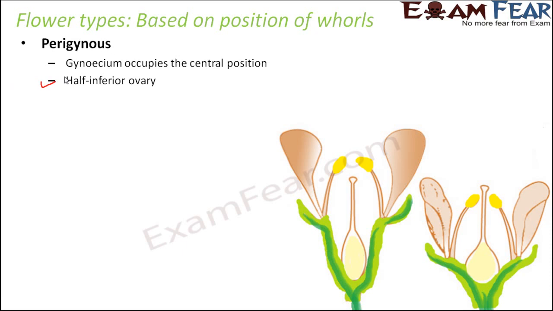So it is named as half inferior ovary. So example of such a plant is rose. So both of these arrangements represent perigynous. So now you understand when I say position means the level, whether the ovary is below all other whorls or the ovary is above all other whorls, or if the ovary is at the central position, neither at the top nor at the bottom. So these are the three types of flowers: hypogynous, epigynous and perigynous.